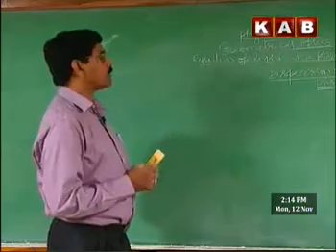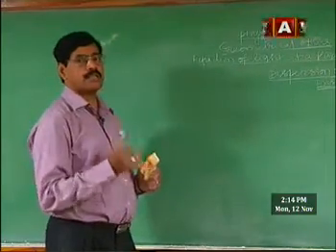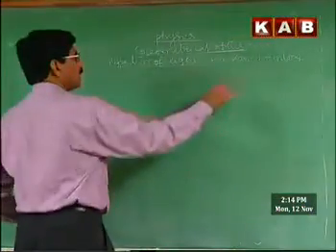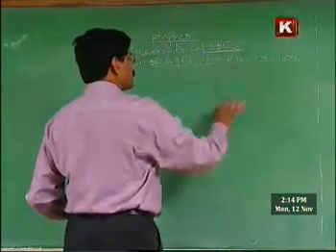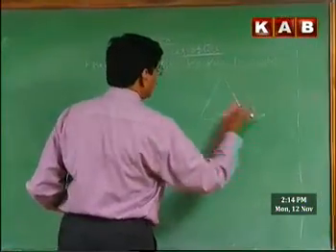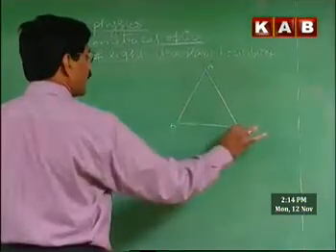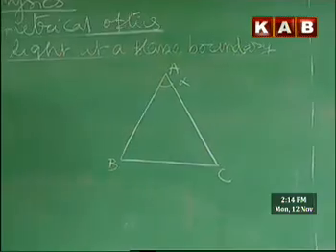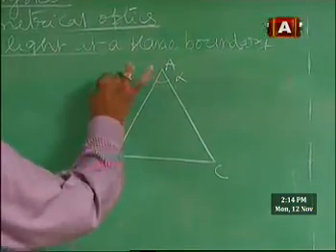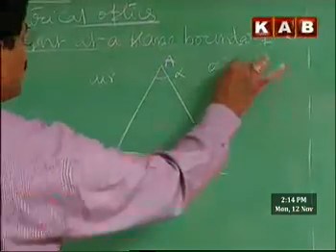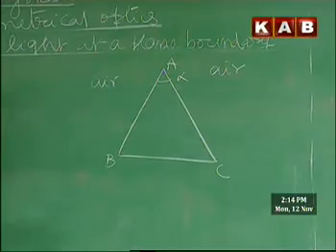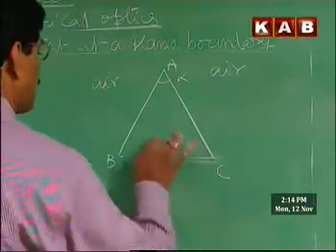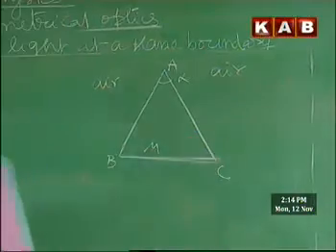When a white light ray passes through the prism, we will consider how the light ray undergoes dispersion. Let this ABC be a prism, and the refracting angle of the prism is alpha, and the surrounding medium is air, though it need not always be air; it is a special case we are considering. The prism is made of a certain material, and mu is the refractive index of the material.